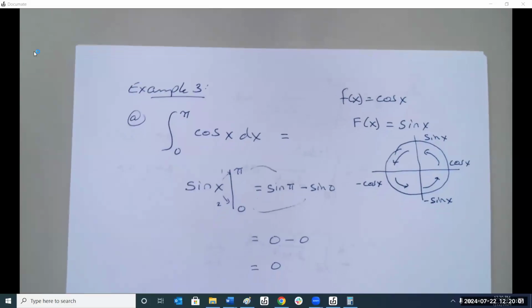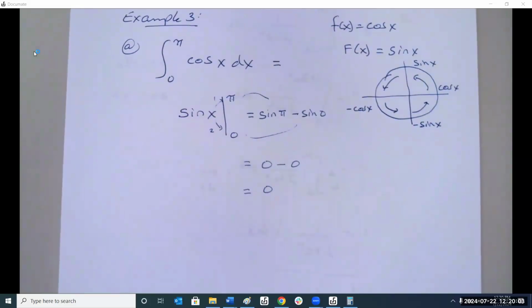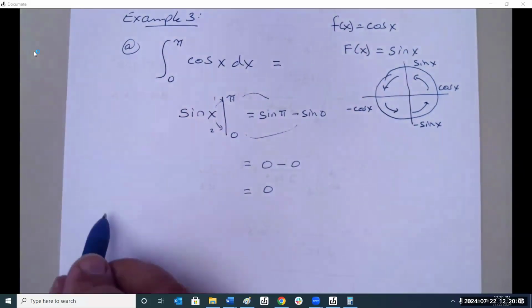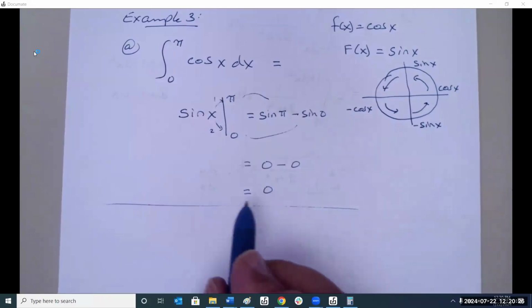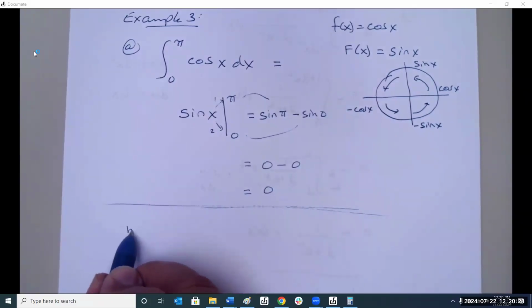So the answer is 0. Can you guess why? Well, you should think about that when you draw pictures.